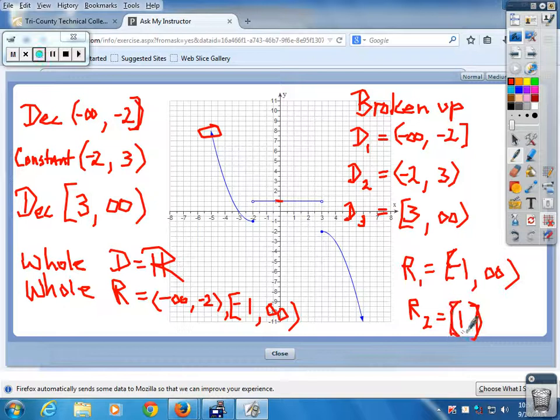The bracket goes on. And then the third part would be from -2 to negative infinity. So there's your possible answers of whatever they're asking for. We'll look and see what they're asking for.